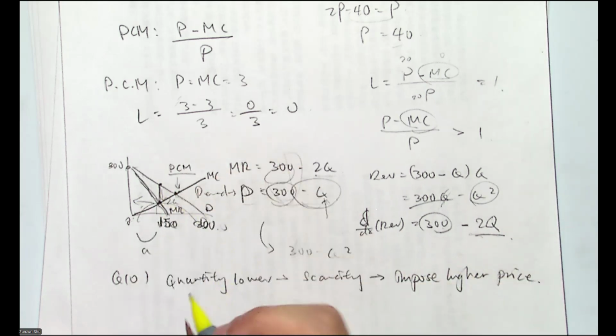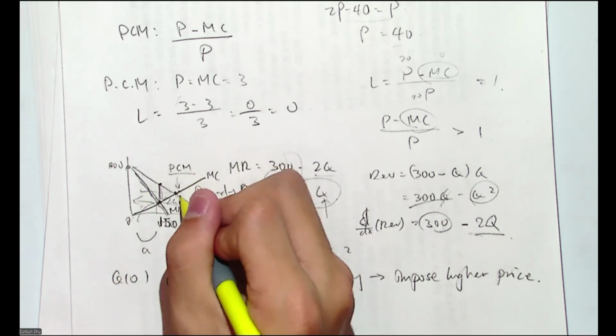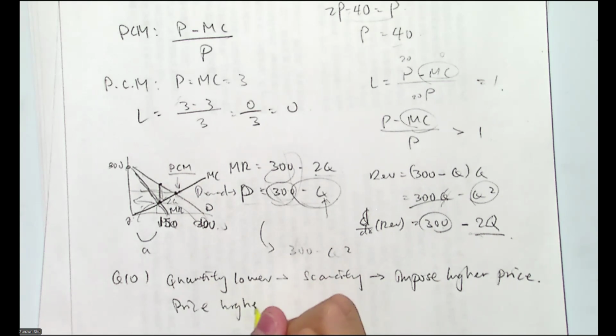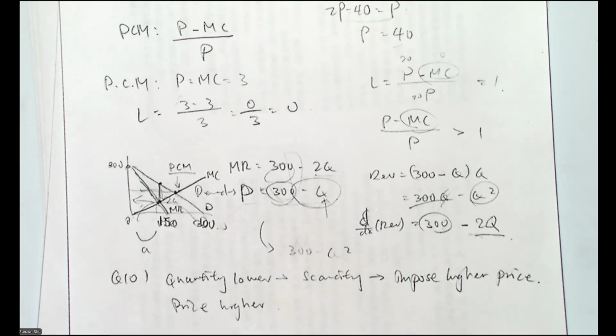So quantity lower, price is going to be higher than your original PCM. Why? Because there's scarcity. There are fewer goods supplied, so customers are willing to pay extra just to get this. So the answer here: a monopolist, compared to a competitive market, sells a lower quantity at a higher price.